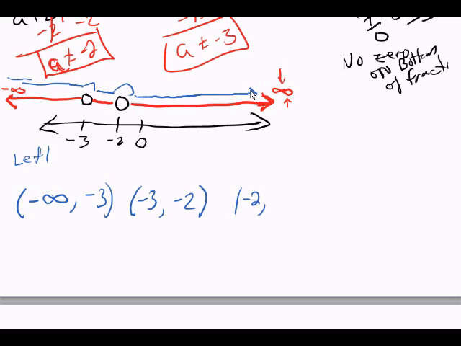We stop again, we jump over that hole, and we start up on the other side of negative 2, and we go all the way to infinity. This is how you write that x equals all numbers except negative 3 and negative 2.